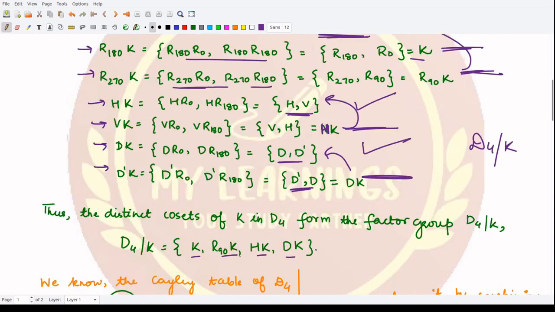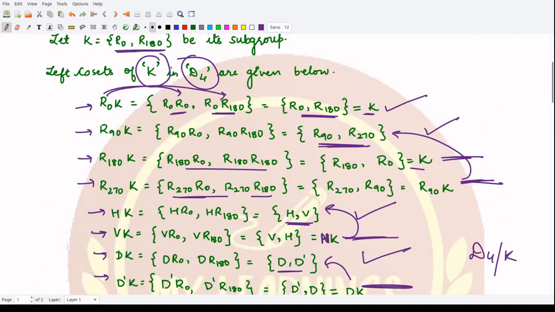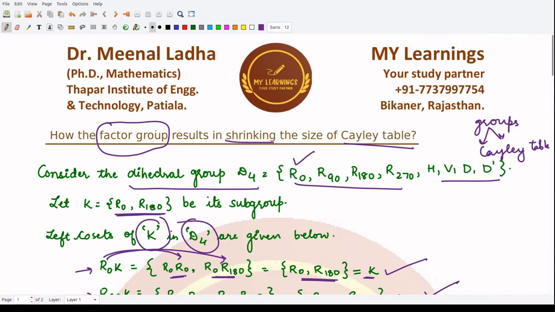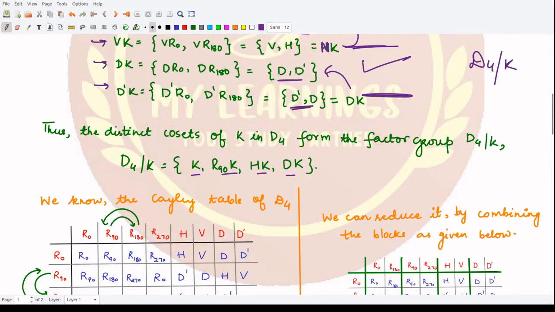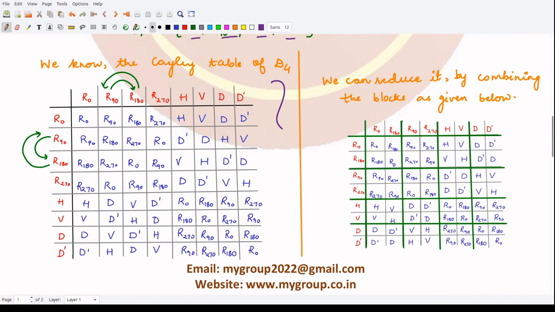Now once you have got this, how is this shrinking the size of the Cayley table? For that, let us first see the Cayley table for D4. So you know this is the Cayley table for D4. Now what you do is interchange the R90 column with R180, and here also interchange the rows and columns.